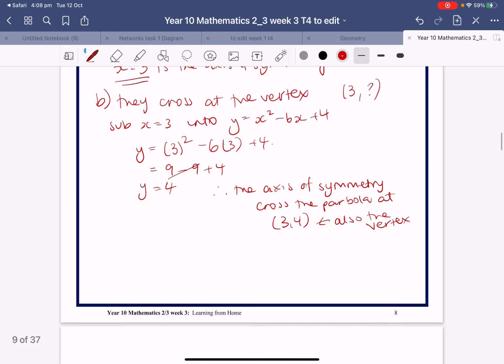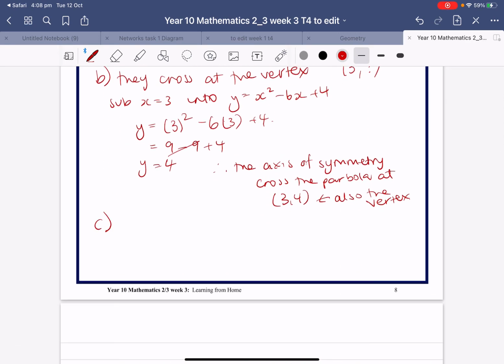So for part C, the parabola crosses the y-axis at 4. And that's just coming from the equation.